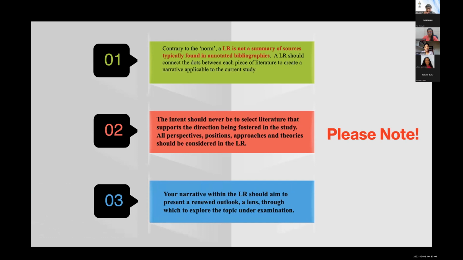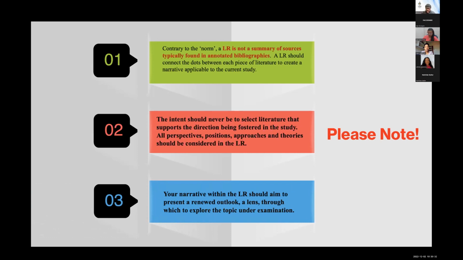Now, the narrative within the literature review should aim to present a renewed outlook. So sometimes we may say there's an over saturation of this type of research elsewhere, but it's a question that has never been asked within the region.